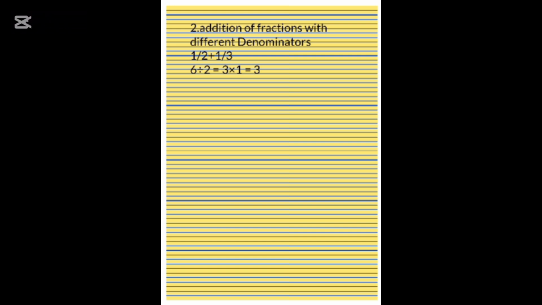And we have 6 divided by the denominator of the second fraction, 3, which is equal to 2, times 1, which is equal to 2. So the answer is going to be 3 plus 2 over 6, which is equal to 5 over 6.